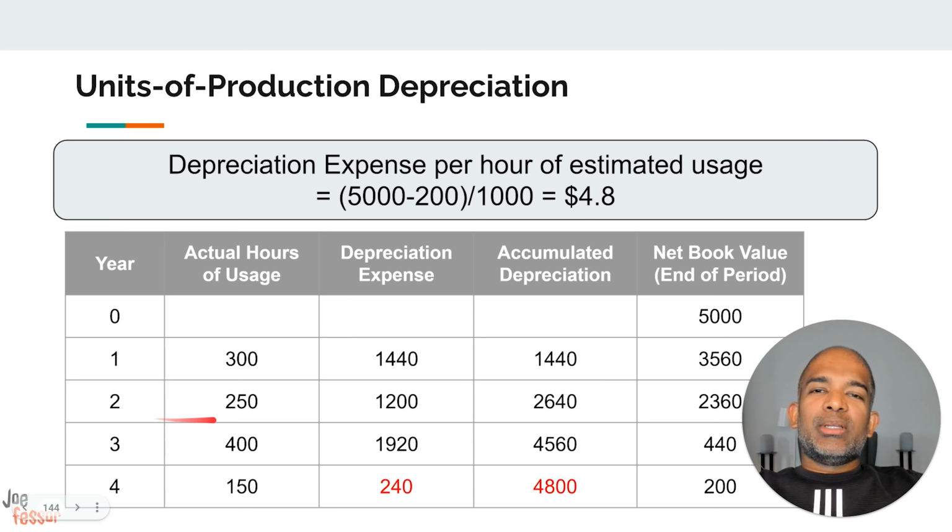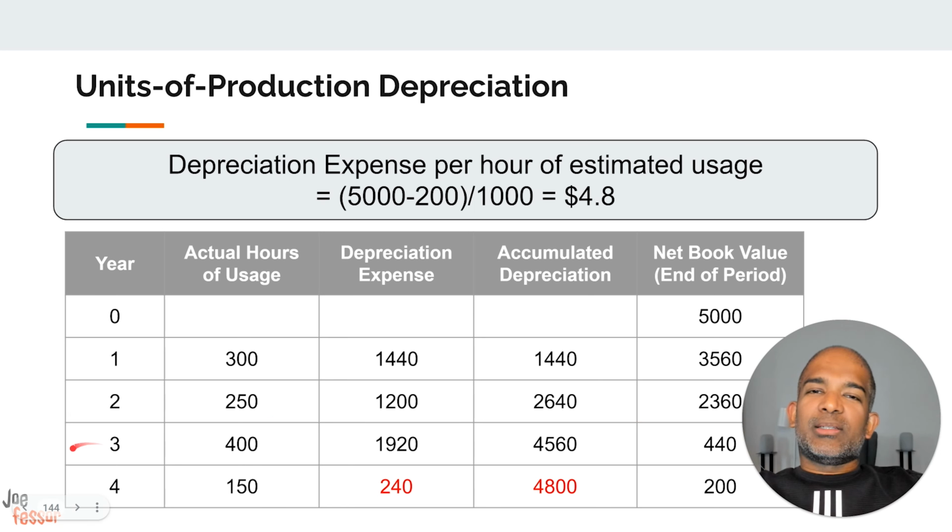In year 2, the equipment was used for 250 hours. So the depreciation for 250 hours multiplied by 4.8 is $1,200. So the total accumulated depreciation so far for year 1 and 2 together is $2,640, which leaves us with a net book value of $2,360 at the end of year 2.